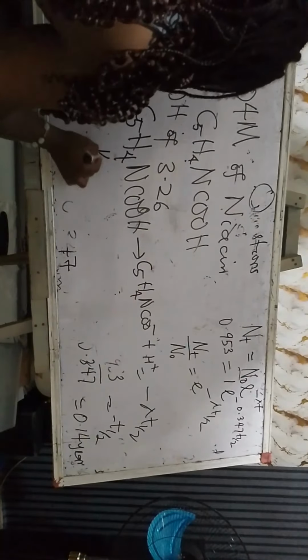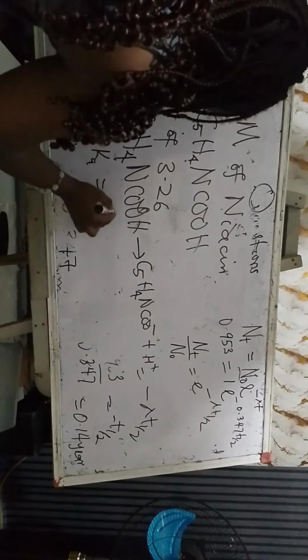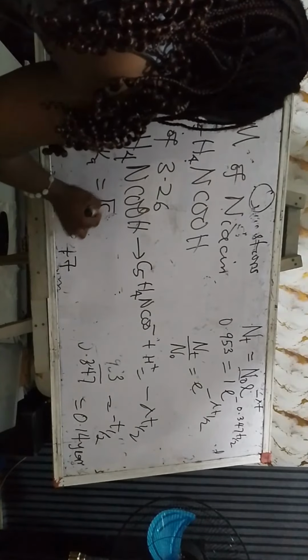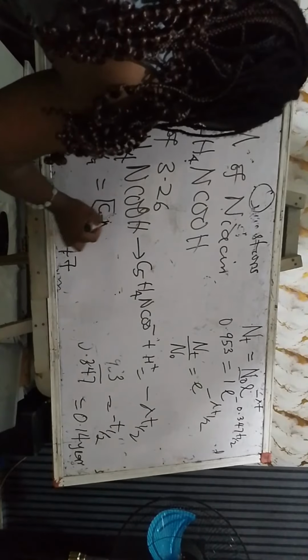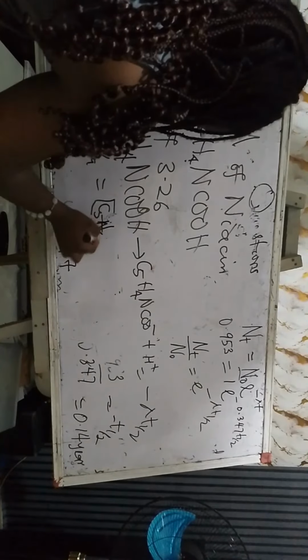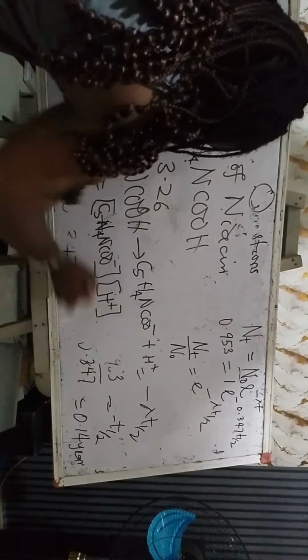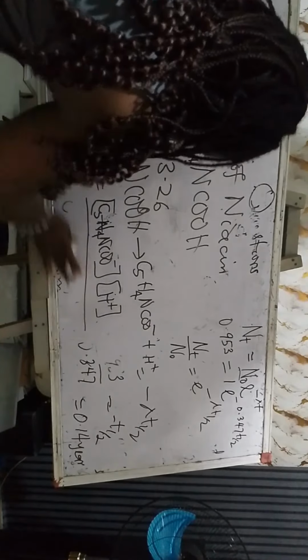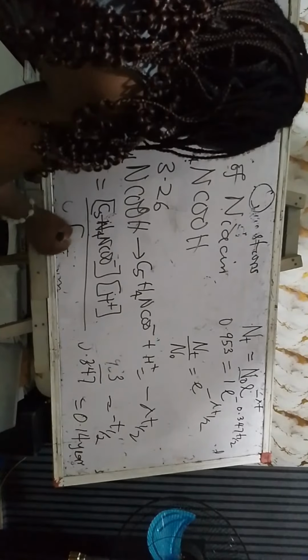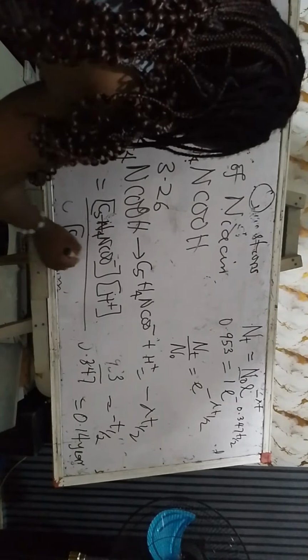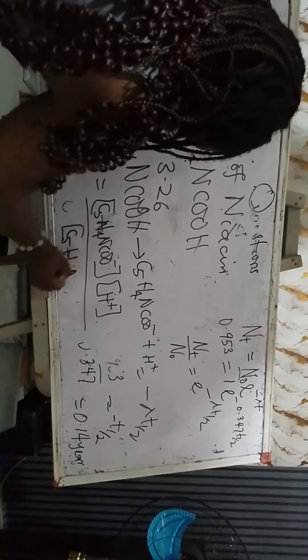So Ka is equal to the concentration of C5H4NCOO minus times the concentration of hydrogen ion, all over the concentration of the reactant C5H4NCOOH.